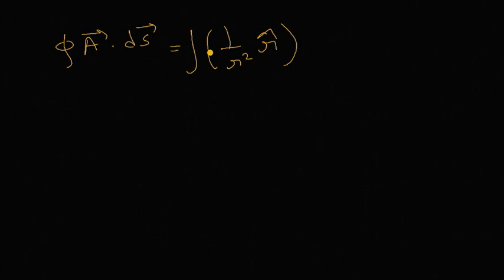However, if we take surface integration of this function, we get 1 by r square into r cap, that is the function A vector, and for the value of ds we get r square sine theta d theta d phi r cap.